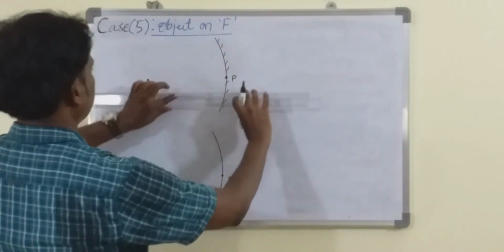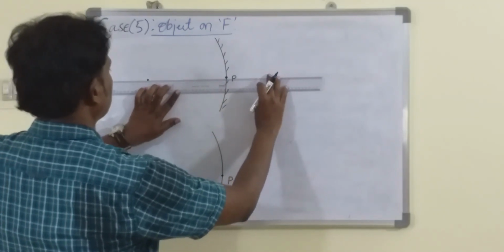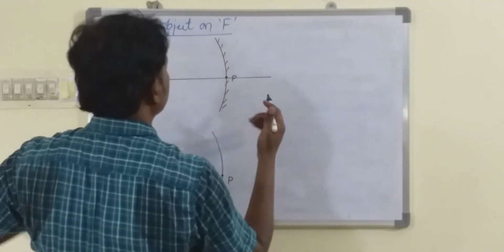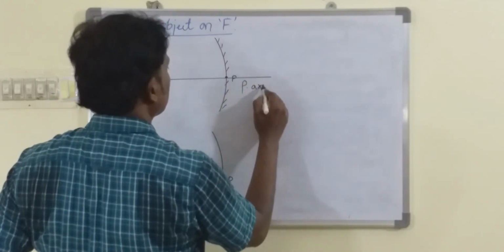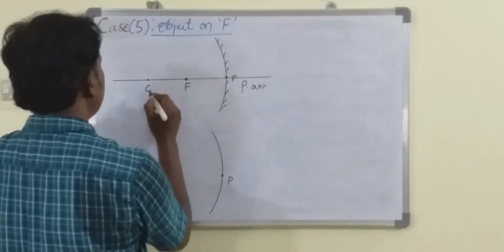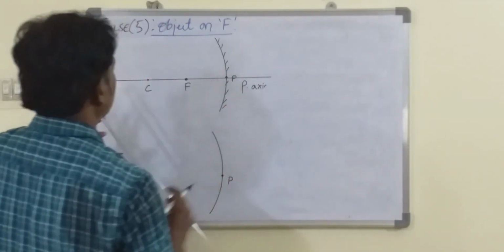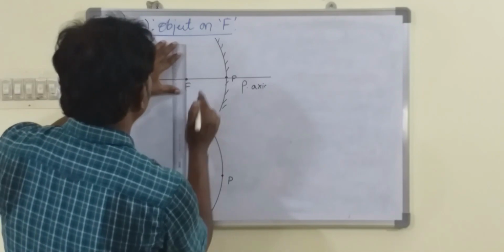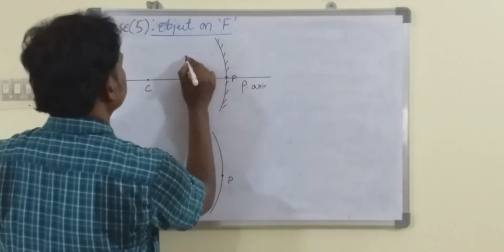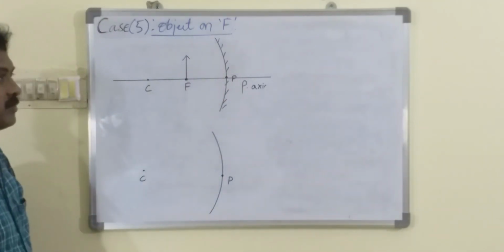Object on F. This is the principal axis. Let me say this is F, this is C. Right. Now the object is on focus.